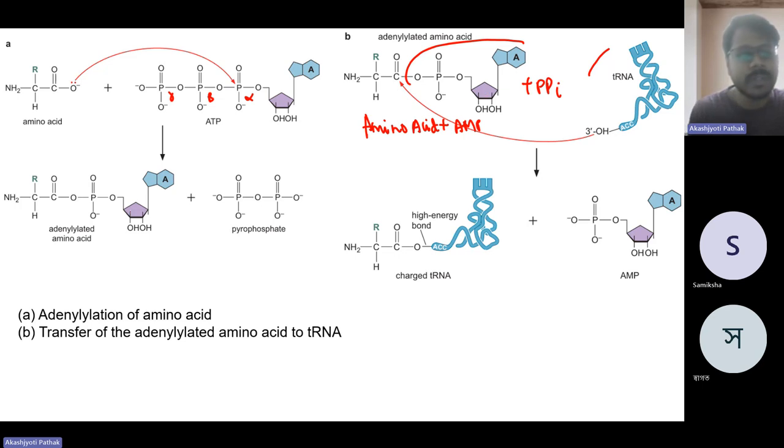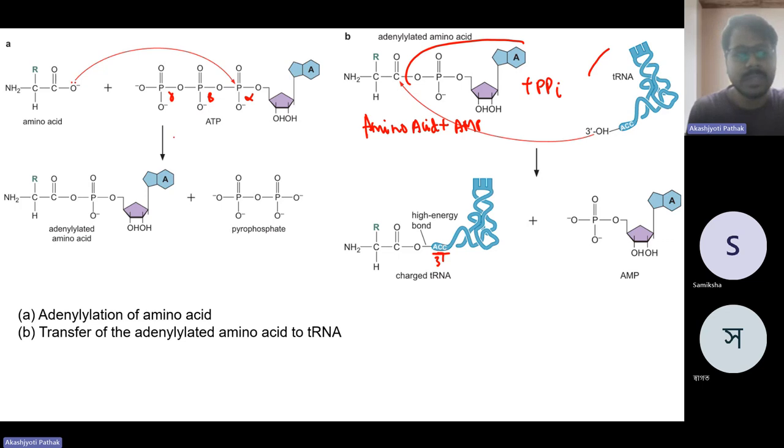Now this adenosine monophosphate molecule, what happens? This pyrophosphate, this alpha, beta, gamma pyrophosphate, is broken, and the energy that is released is used for attaching the tRNA. So this is the CCA 3 prime, the acceptor arm. It is to this acceptor arm that my amino acid will get attached.